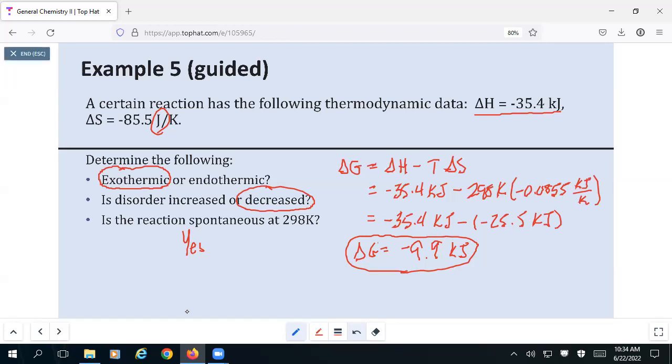That would be where we would do an application of delta H over delta S. So negative 35.4 kilojoules divided by negative 0.0855 kilojoules per Kelvin.